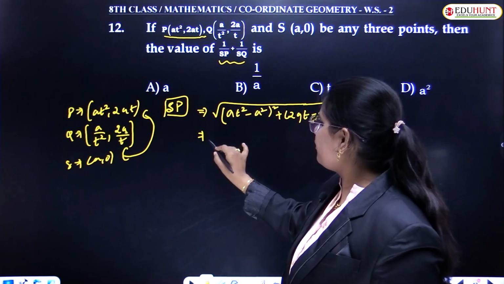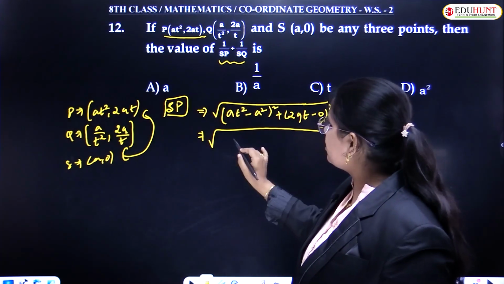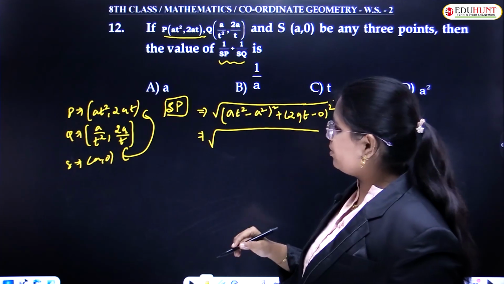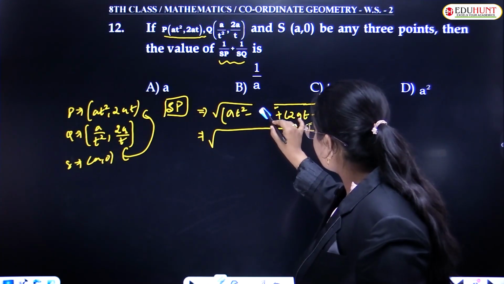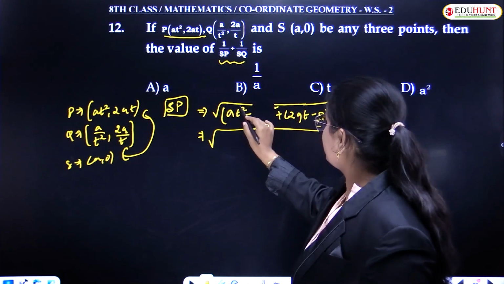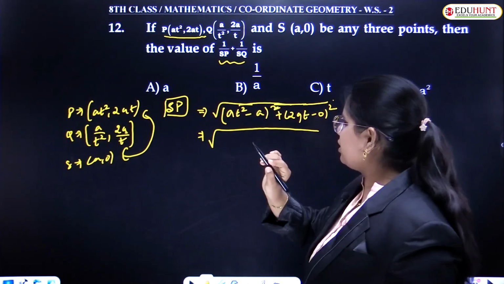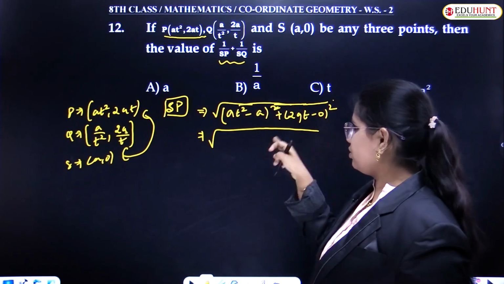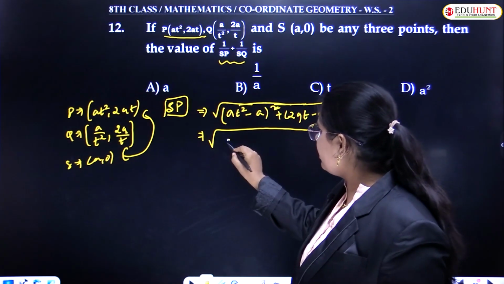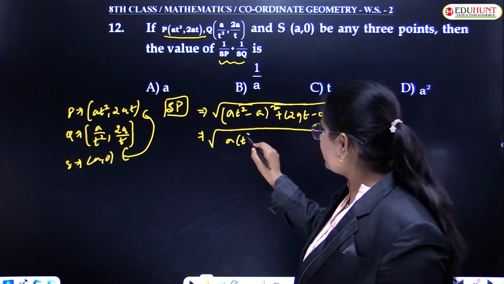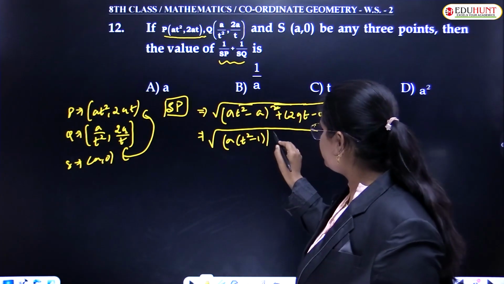Next step, what am I going to do? Take a square common. Just a minute. Here you will not get square. Take a as common from this, and what you will get is (t square minus 1) whole square.